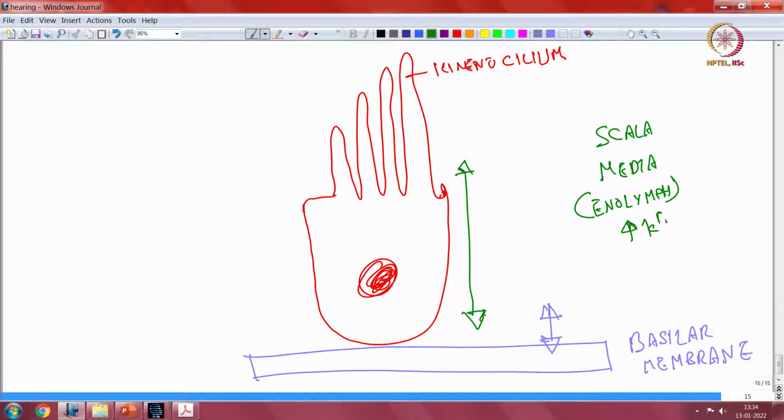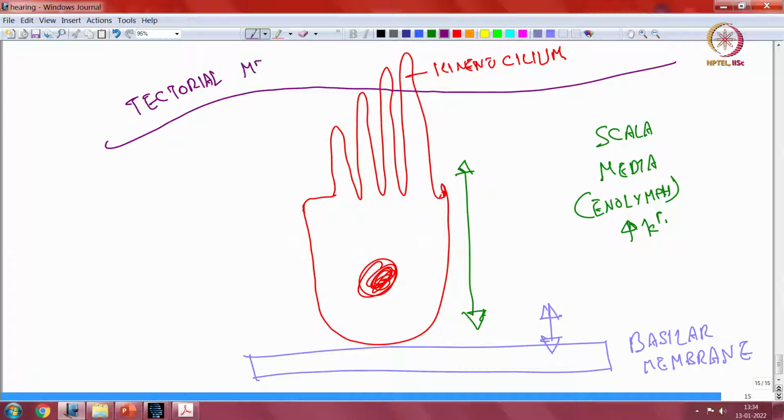The second and most important thing is there is another funny membrane over here, that is the tectorial membrane, which is gelatinous, and these cilia are actually within the tectorial membrane.